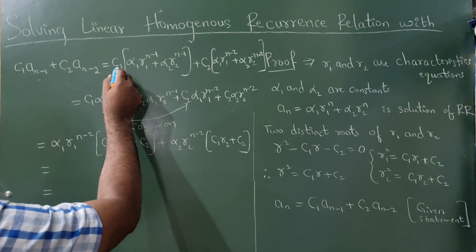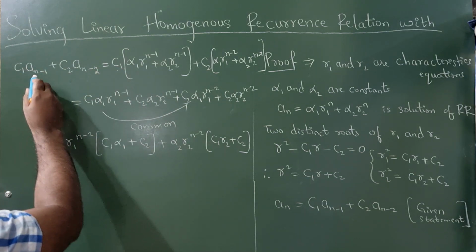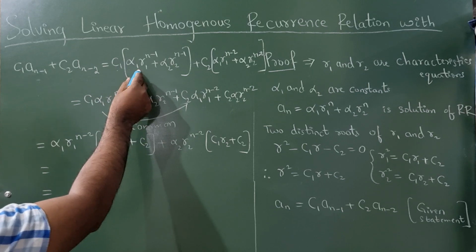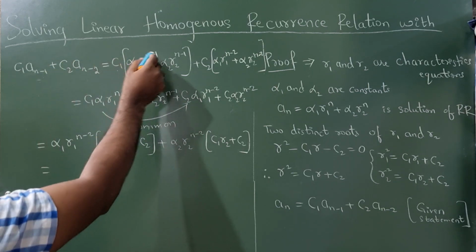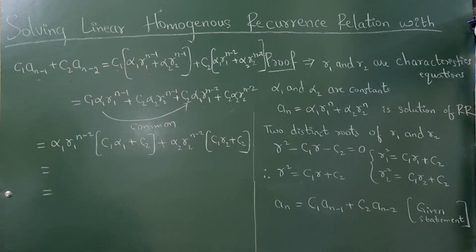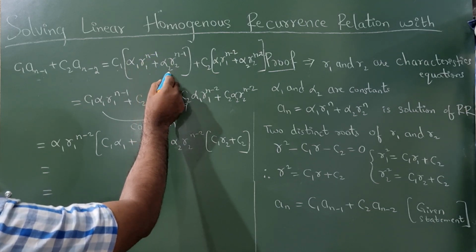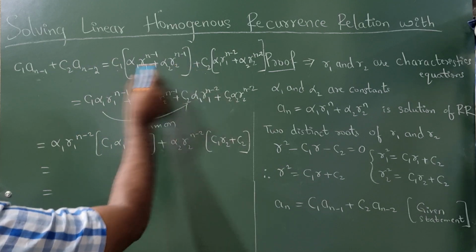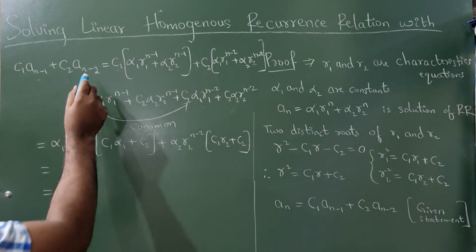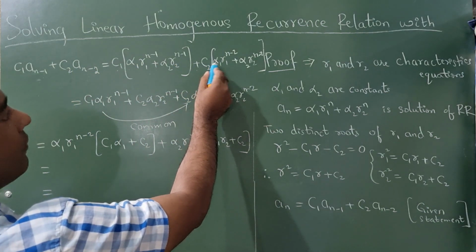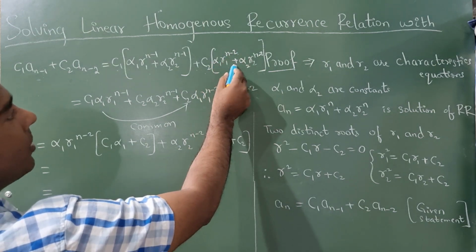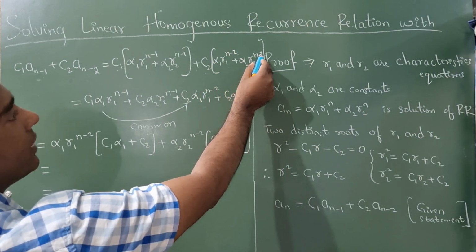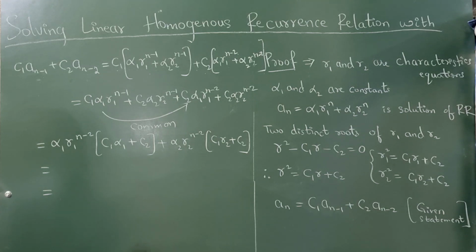Now, instead of a_(n-1), I am going to write alpha 1 r1^(n-1) plus alpha 2 r2^(n-1), times C1, plus C2 times, instead of a_(n-2), alpha 1 r1^(n-2) plus alpha 2 r2^(n-2).